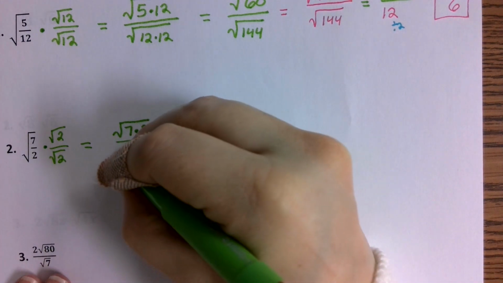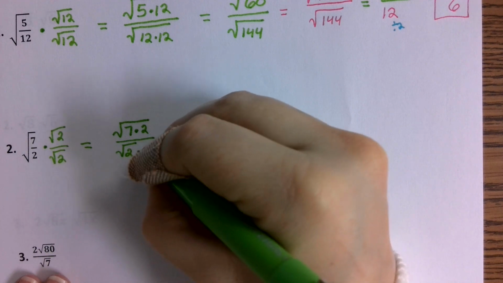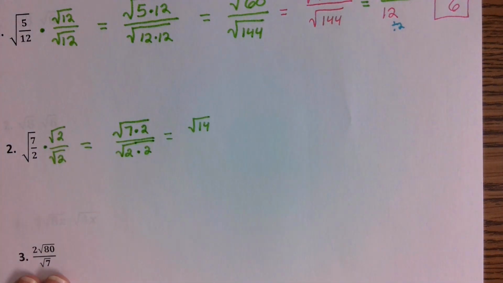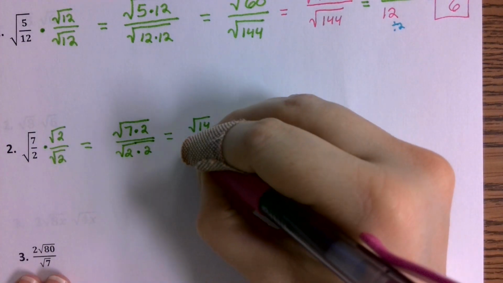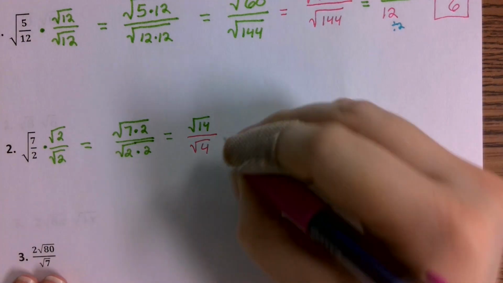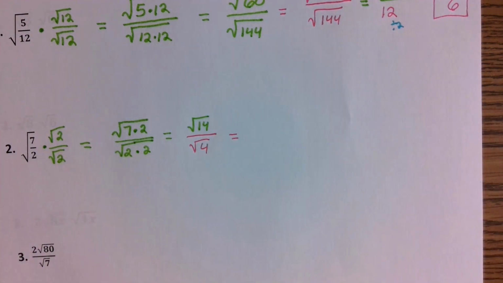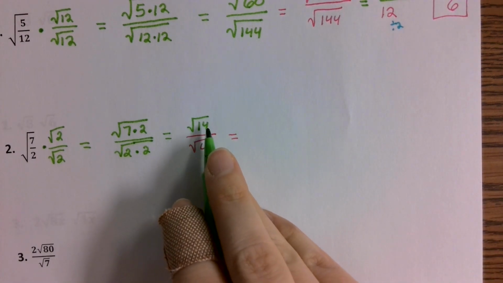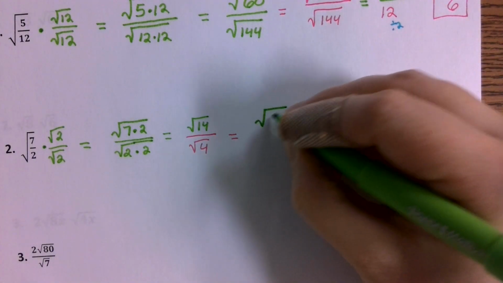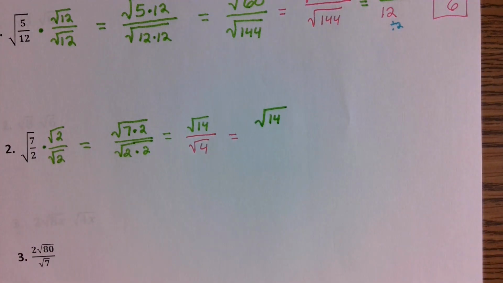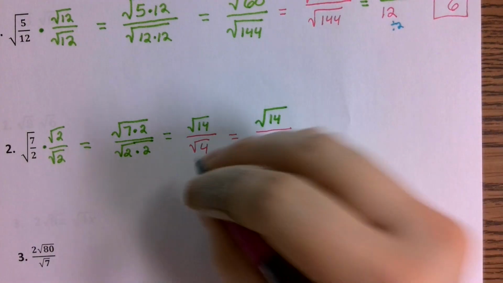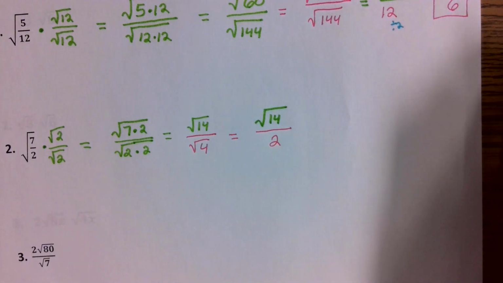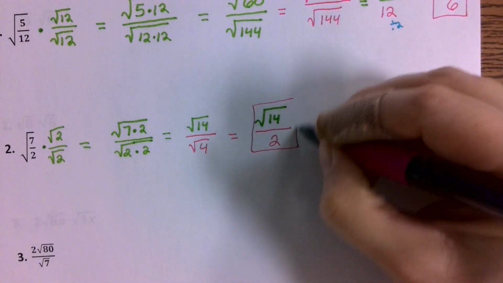Then we're going to multiply square root of 2 times 2. When we do 2 times 2, that gives us 4, which happens to be a perfect square. Now we can go ahead and solve it. Can square root of 14 be broken down? No. Square root of 14 cannot be broken down into any perfect square, so it stays square root of 14. Square root of 4 just simplifies to a 2, and that's it. We're done.